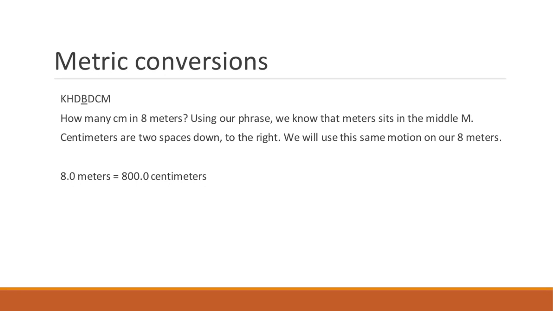So all we're going to do is make a motion where we say, if I am here at meters, because base is meters, and I need to get to centimeters, go 1, 2. All right, I've made those steps. Now I'm going to come down here to the value, the measure that I want to convert, and I'm going to do the same thing.